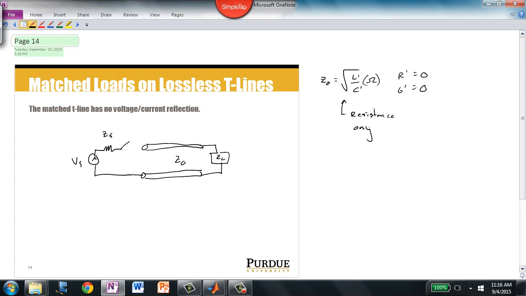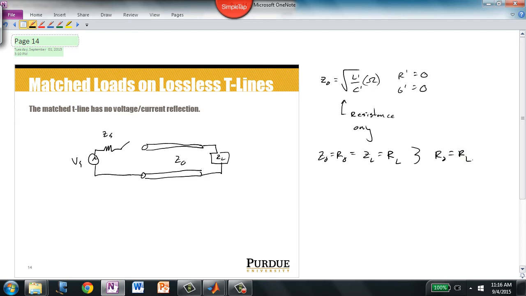So for a matched condition to occur on a lossless transmission line, Z0 is purely real, and it has to equal ZL, which also has to be purely real. So for a lossless T-line, for it to be matched, all of this reduces down to R0 is equal to RL.